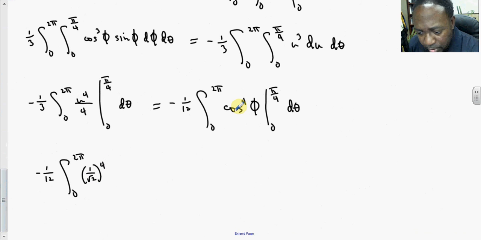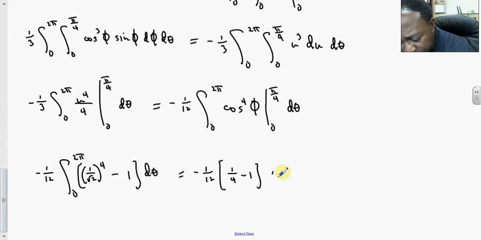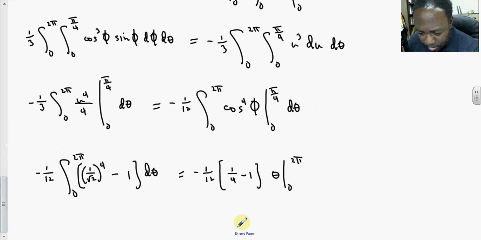Then it's minus cosine of 0, and the cosine of 0 is 1, to the fourth power is still 1, d theta. So this is negative 1/12. This is just a number, so we pull that on the outside. 1 over the square root of 2 to the fourth power is 1 over 4, minus 1. To integrate d theta, we just get theta, evaluated from 0 to 2 pi.